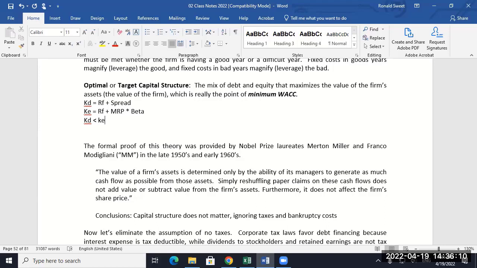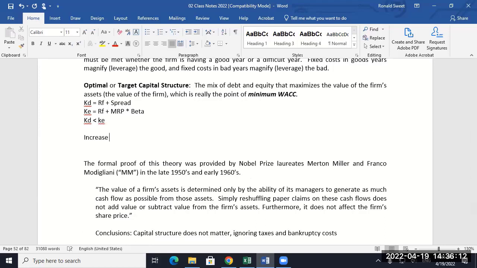So the obvious thing would be: increase the weight of debt and WACC should fall, right? That's what you would think. Don't write that down because that's wrong. But that's what you think. You increase your weight of debt, and if KD is less than KE, the answer is no, because, and you did this on application 8, when you went to the debt to equity and you saw a firm had really high debt to equity, what did you do with your beta?